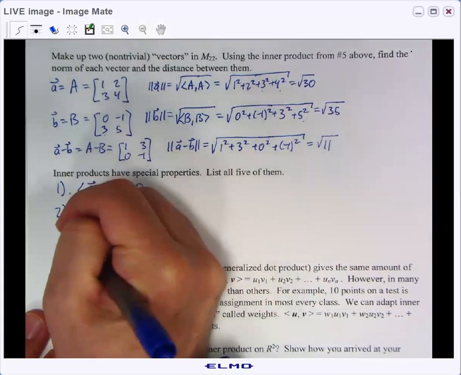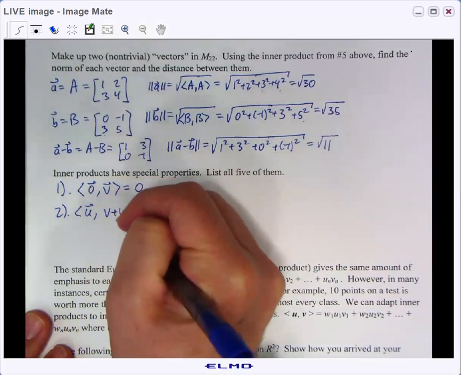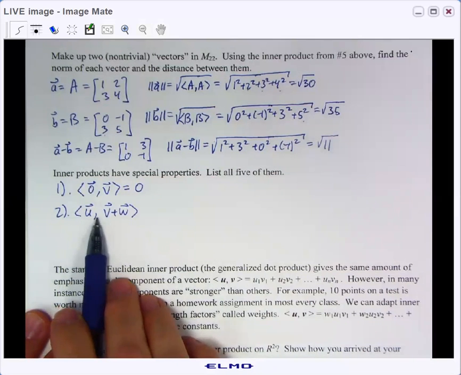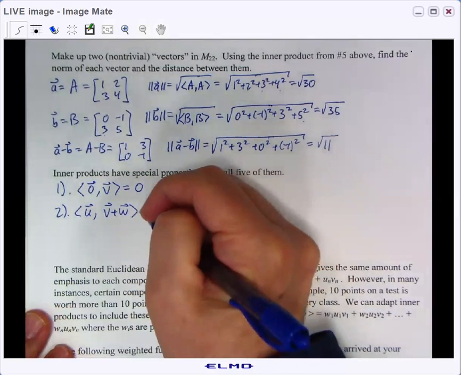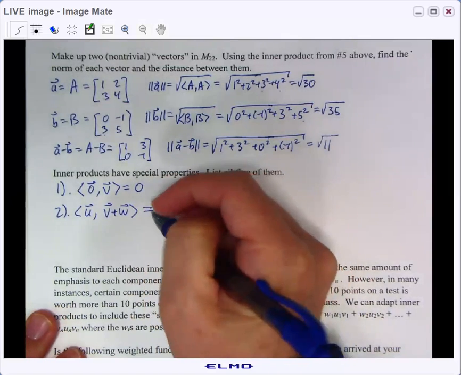The second one is that if I do U inner product V plus W, this looks like one of our axioms, but it's technically not, because it was U plus V inner product W. But the fact that it is symmetric, we could work with it.